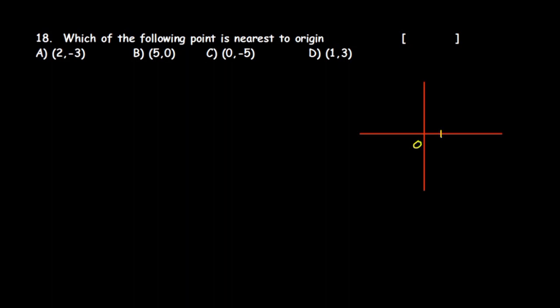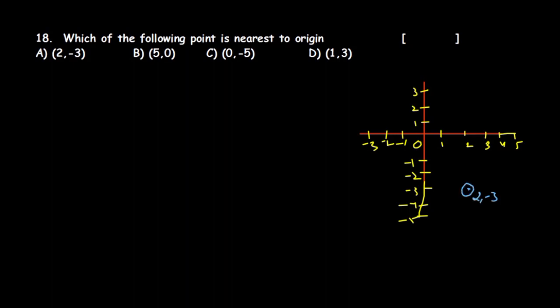So the point 2 comma minus 3, we can keep points like 1, 2, 3, and 4, similarly here 5, and take here minus 1, minus 2, minus 3, minus 4 and minus 5 like this.